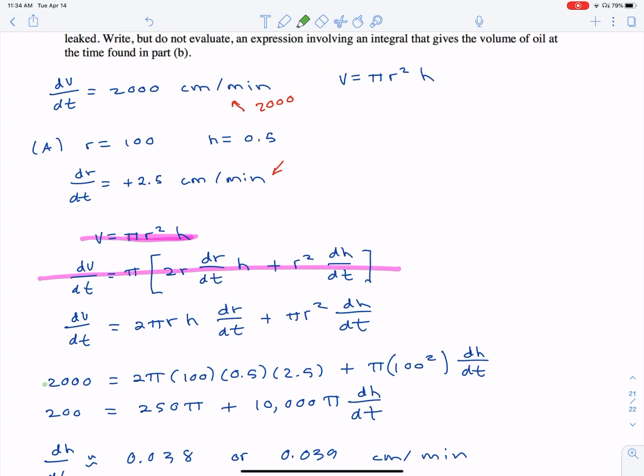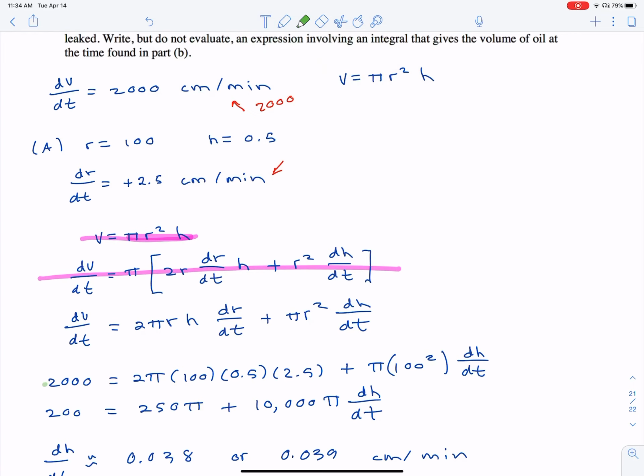I'm trying to put this in a way that makes a little more sense in terms of the way they answered it.